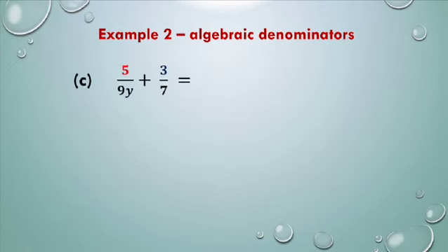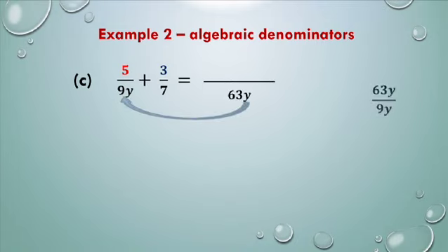Part C. 5 over 9y plus 3 over 7. So here the LCM will be 63y. Now 63y over 9y. So we have the workings on the right hand side. You can see that 9 will cancel with 63 to give me 7, and y will cancel out.